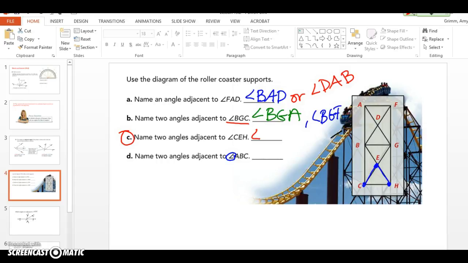CEB is one. Make sure you have an angle mark. CEB, that is this one right here. That is good. What is the other one? Samantha: GEH. Yes, that would be the other one. GEH. Questions on that before we keep going? Yeah, Dylan.